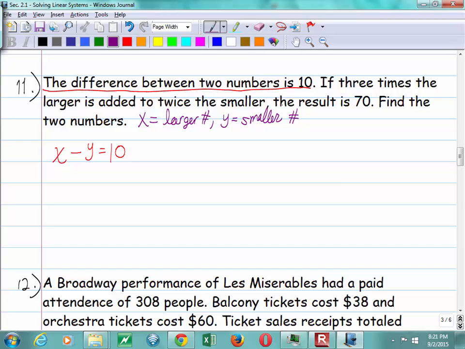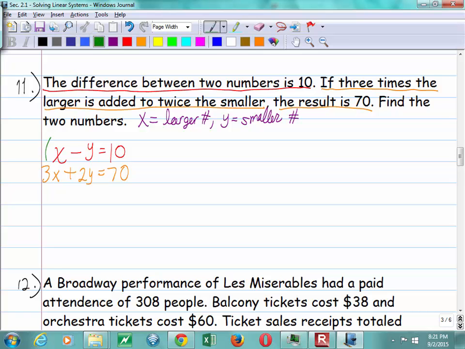Okay, so then it says if 3 times the larger, so that being 3x, is added to, so that would be plus, twice the smaller, so that would be 2y, the result is 70, so that would be equals 70. So now all I have to do is just solve this little system.